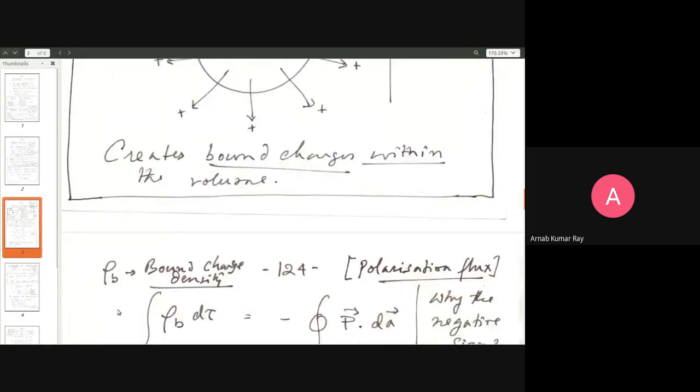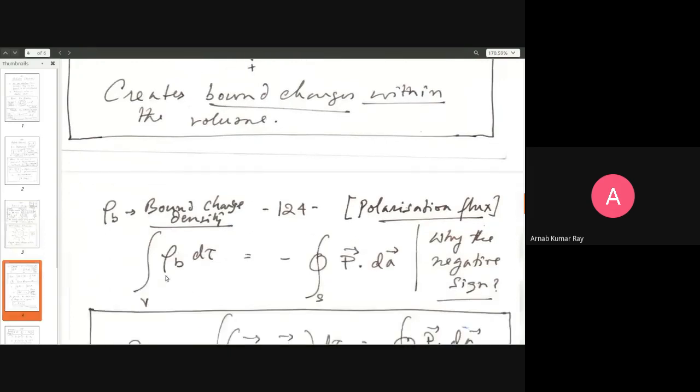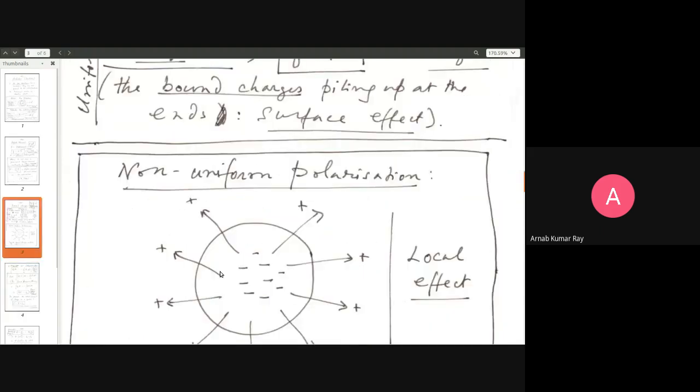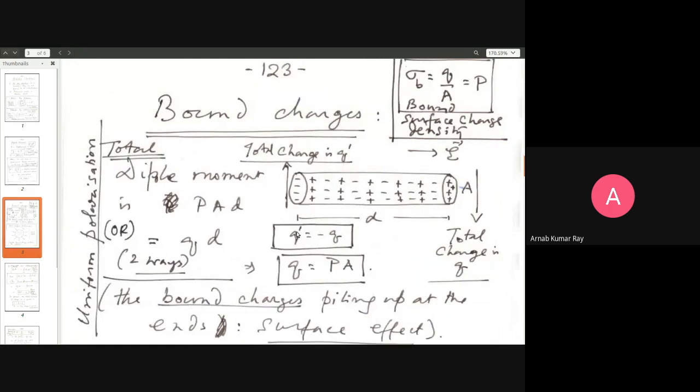Rho B times d tau, with a volume integral. Volume charge density, rho B, times d tau, where d tau is the volume element, and take a volume integral. What I'm writing here is actually this formula: Q prime is equal to minus Q.